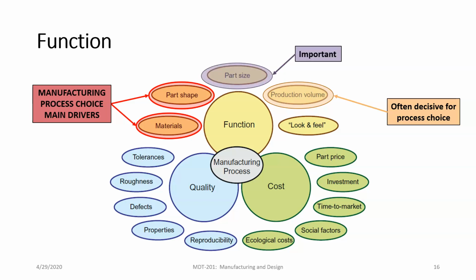Part size is important as well. Part size meaning large parts versus small parts. Both large and small parts have special manufacturing processes that need to be evaluated or assessed.